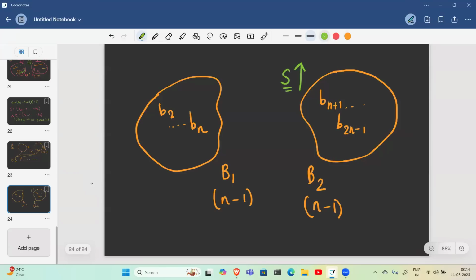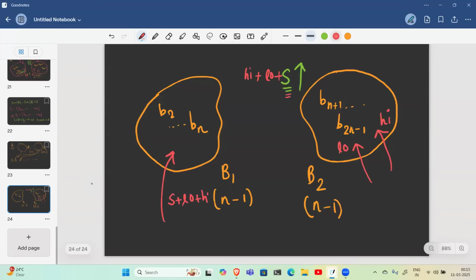Now there are two integers left, low and high, which are basically B1 and B2n. My idea is to insert both low and high in the bag B2. Its sum was initially S more, so now it becomes S plus low plus high more than B1, because I've also inserted low and high. In order to balance this, I insert one more new integer, S plus low plus high, here.